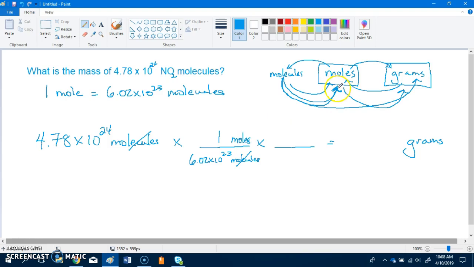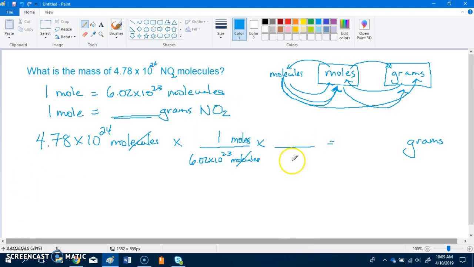Now we have to go from moles to grams. So we're going to go 1 mole is equal to how many grams of nitrogen dioxide. That's the conversion factor. We weren't given this, but we can figure this out by using the molar mass of nitrogen and the molar mass of oxygen to get the full molar mass of NO2.